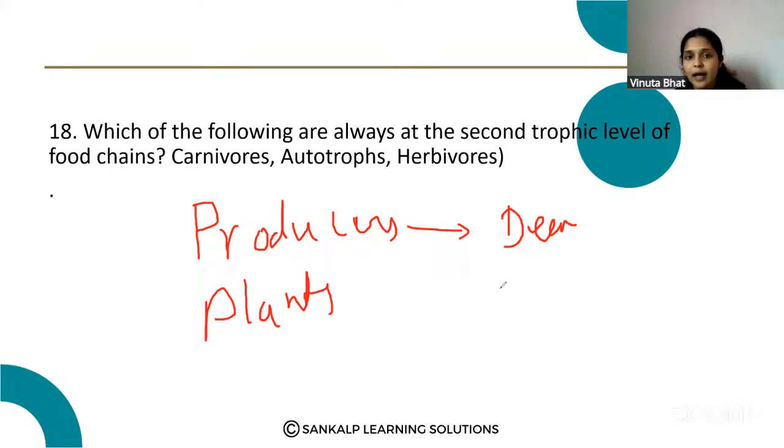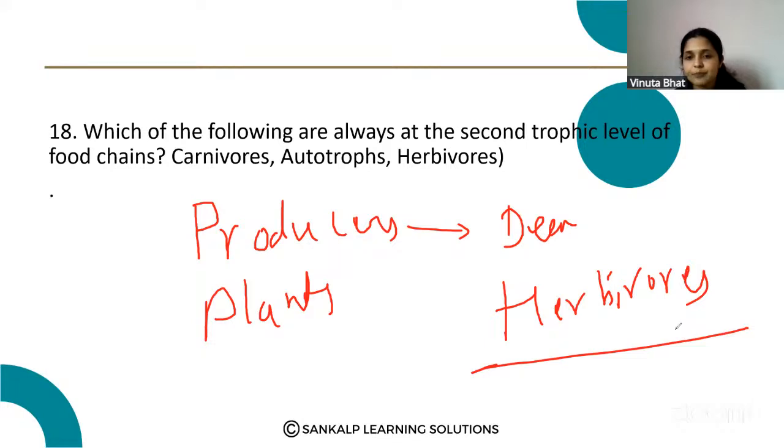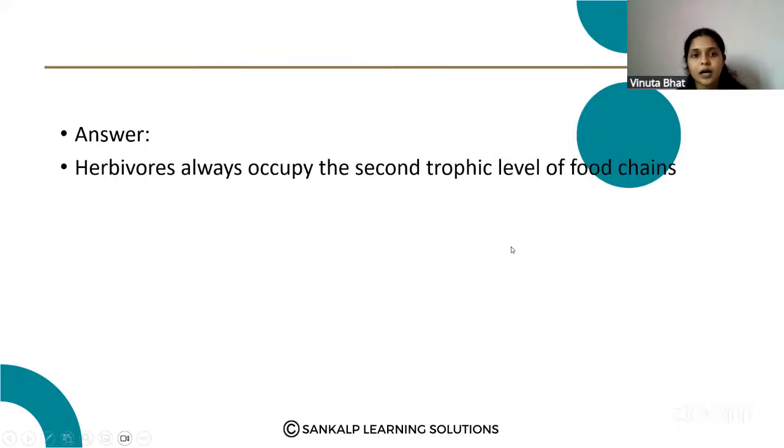So they are called herbivores. These herbivores are always at the second trophic level because they directly depend on the producers. So that is the reason. Please note down the answer. Herbivores always occupy the second trophic level of the food chain. That is the answer.